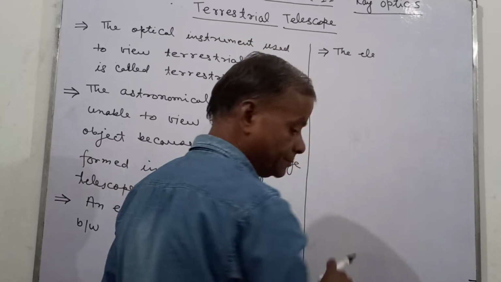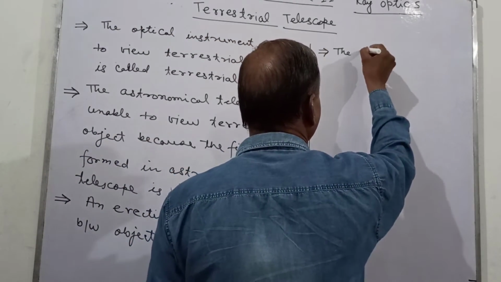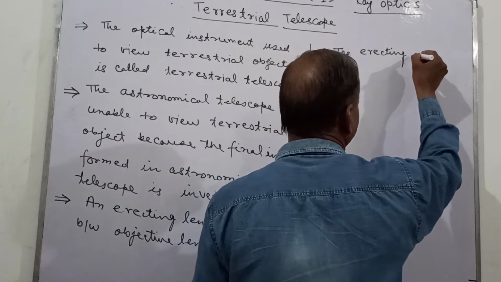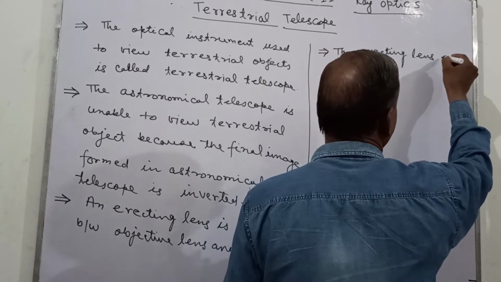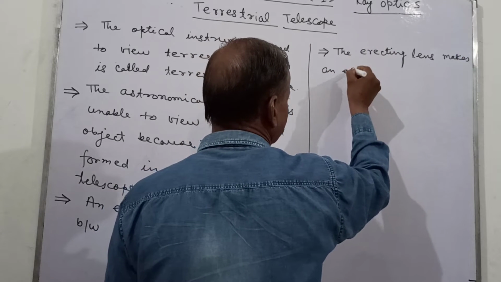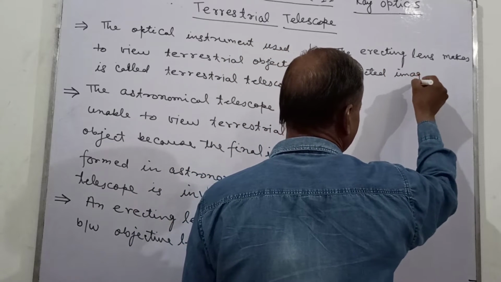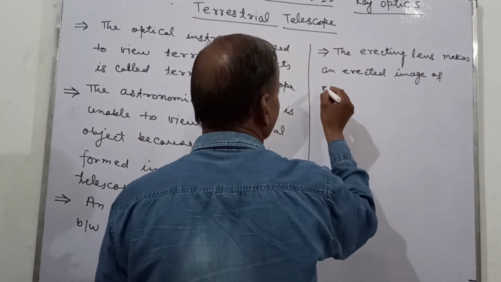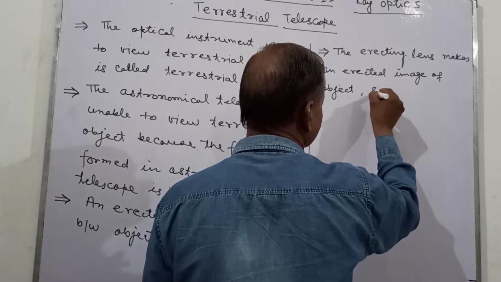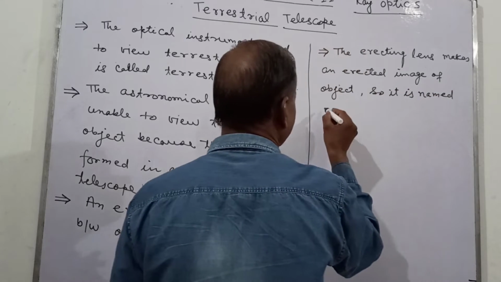The erecting lens makes an erected image of the object. So it is named the erecting lens.